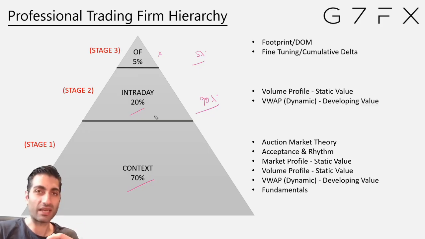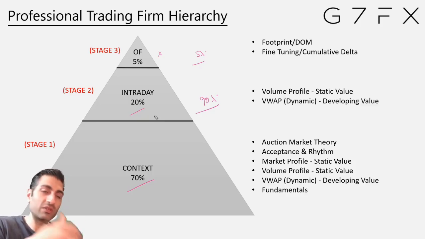I talked about this to death in stage 1, auction market theory, and a lot in stage 2. My point in all of this is that order flow is important, but you've got to understand where in the process it sits.